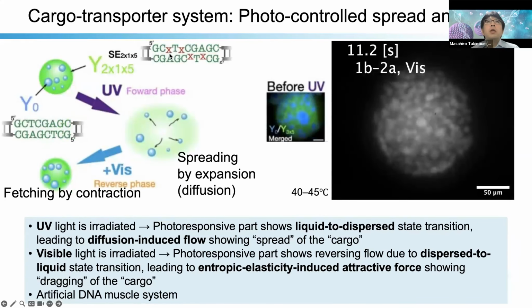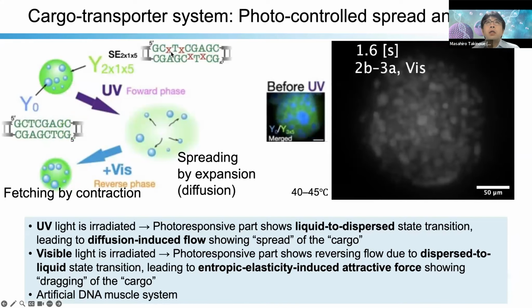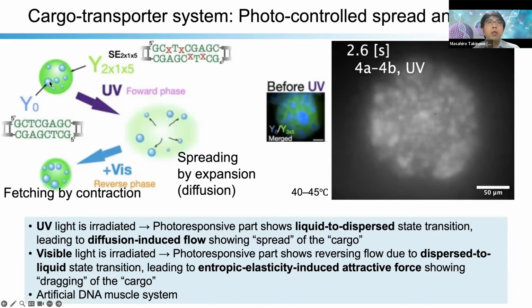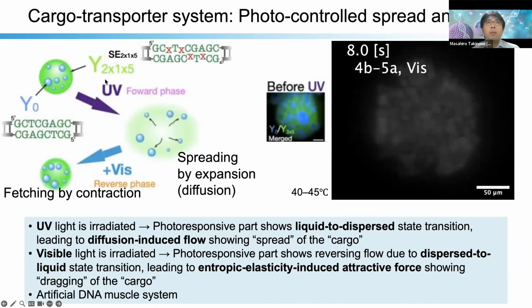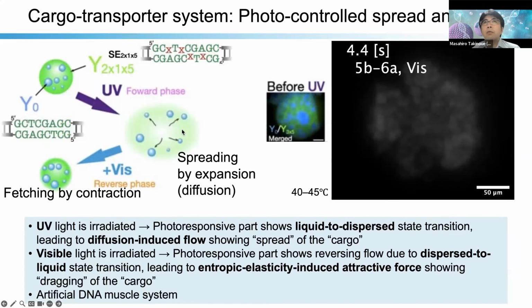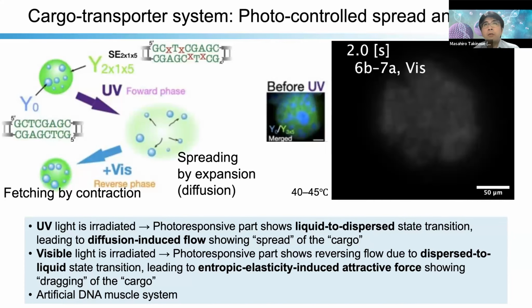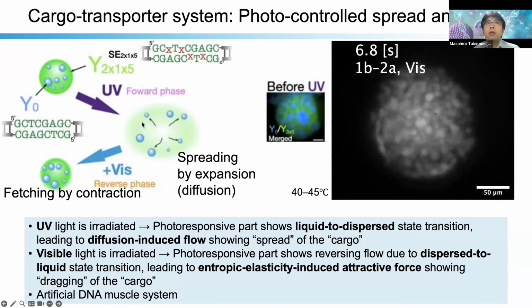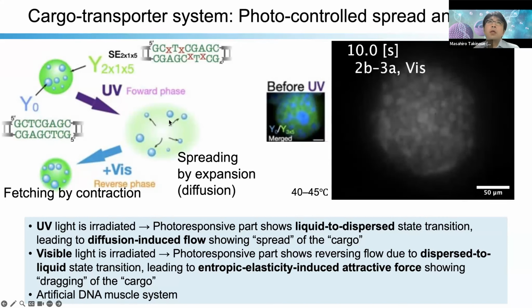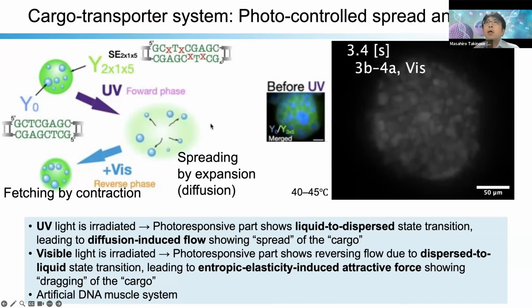In the other case, we put the azobenzene in these parts. So the original state of the green one is a liquid phase, and the blue is a DNA hydrogel. So by the UV radiation, this DNA liquid turns to the dispersed phase. So it means that the DNA liquid dispersion makes the spreading of these DNA blue particles like this.